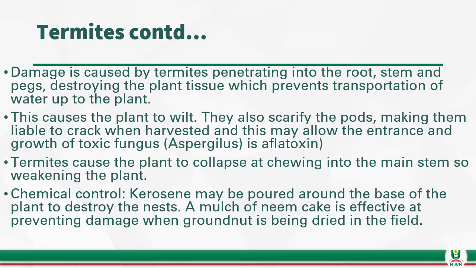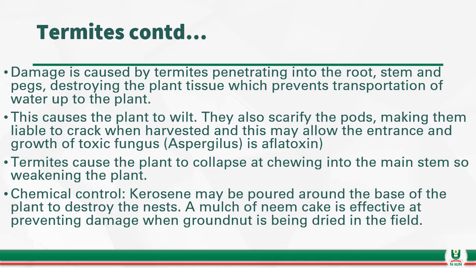They also damage the healthy pods and make them crack easily when harvested. They also allow the entrance of a growth of fungus, Aspergillus, which is a toxic fungus and an aflatoxin producer.